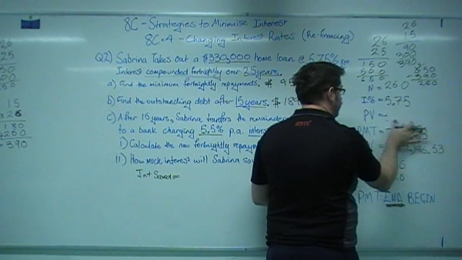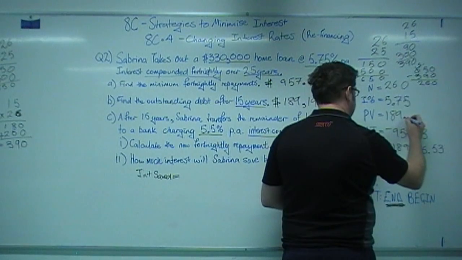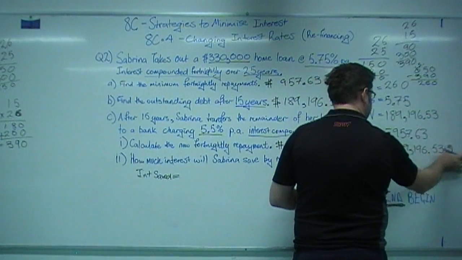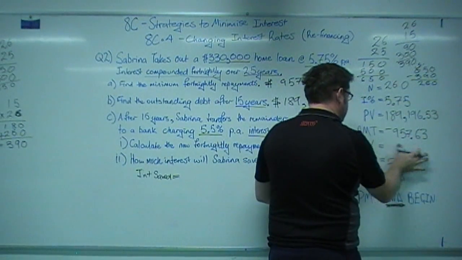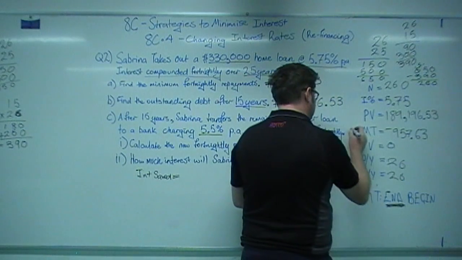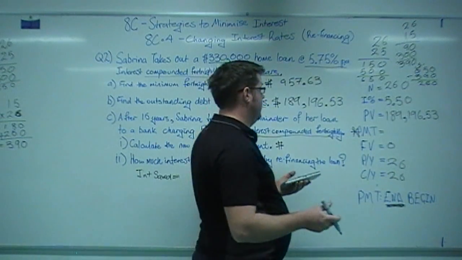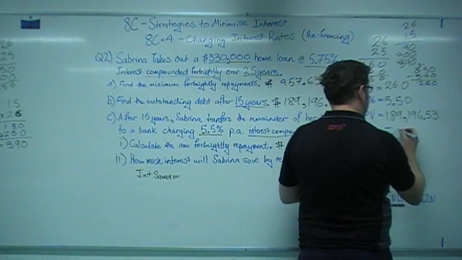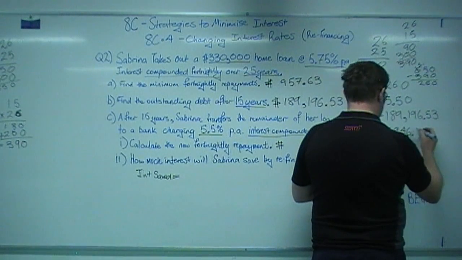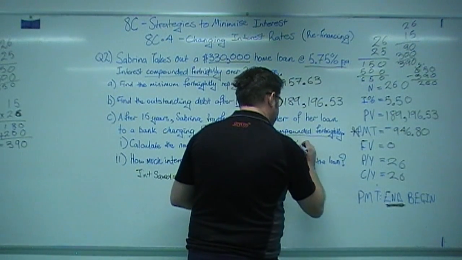I'm going to change this present value to 189,196.53. The future value changes to 0. And now we are going to solve once again for the payment. We end up with minus $946.80. So that goes in here.